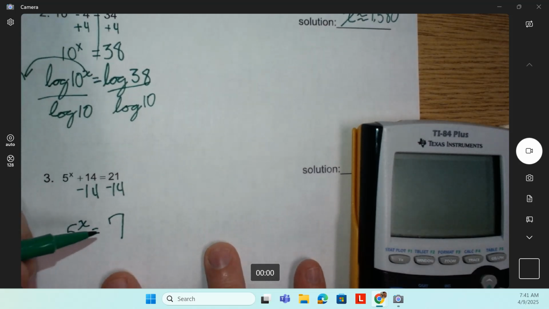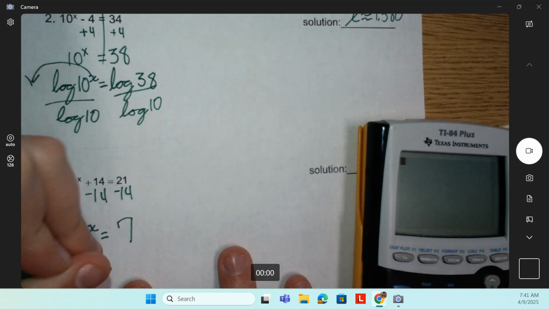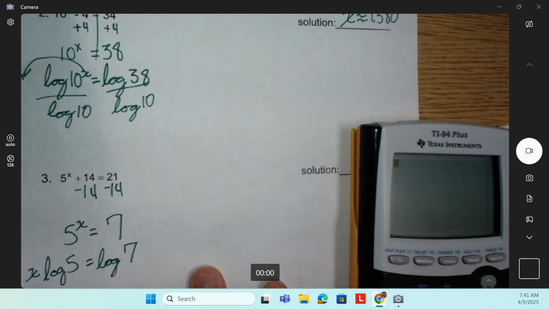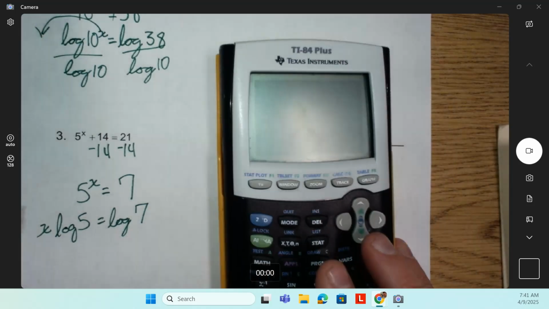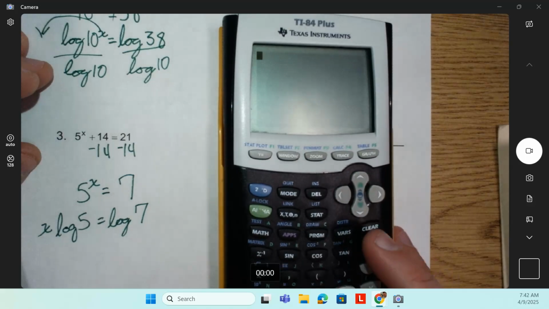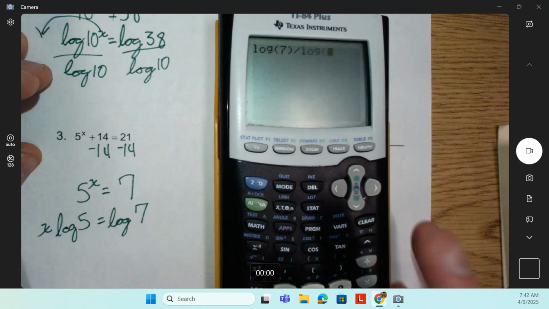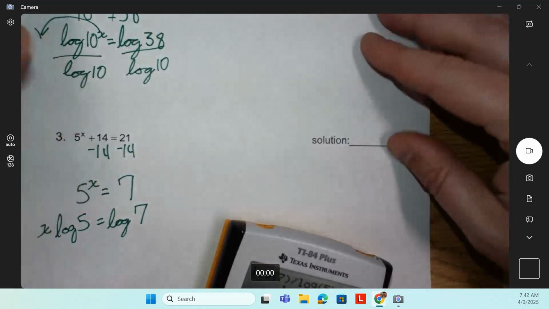And you already probably can see, I'm going to do log of 7 divided by log of 5. As you're working on shortening it, you just know you're going to divide going across there. So log 7 divided by log 5, 1.209.